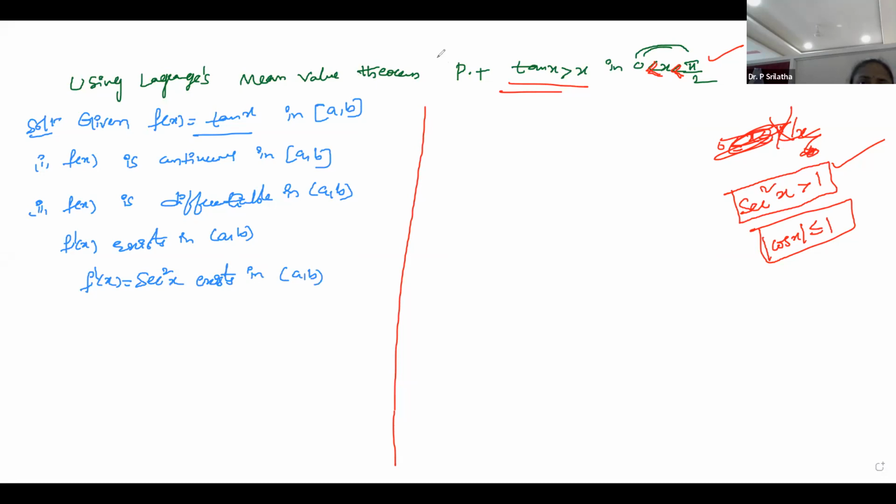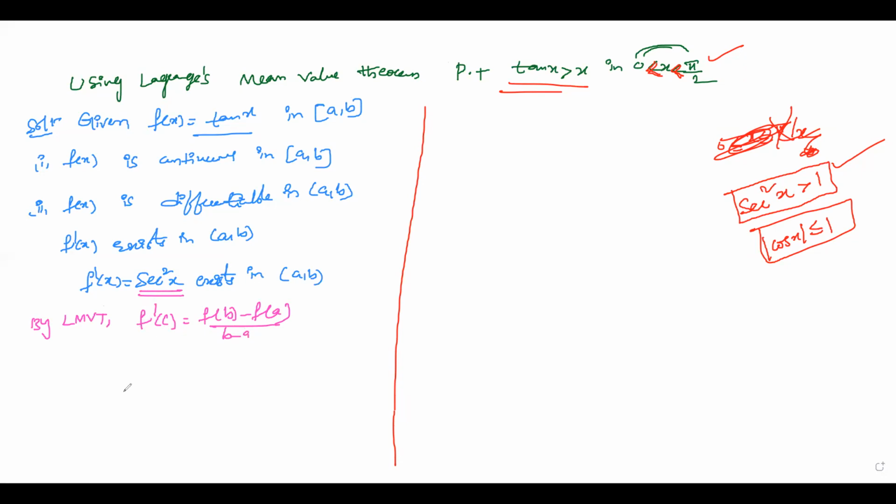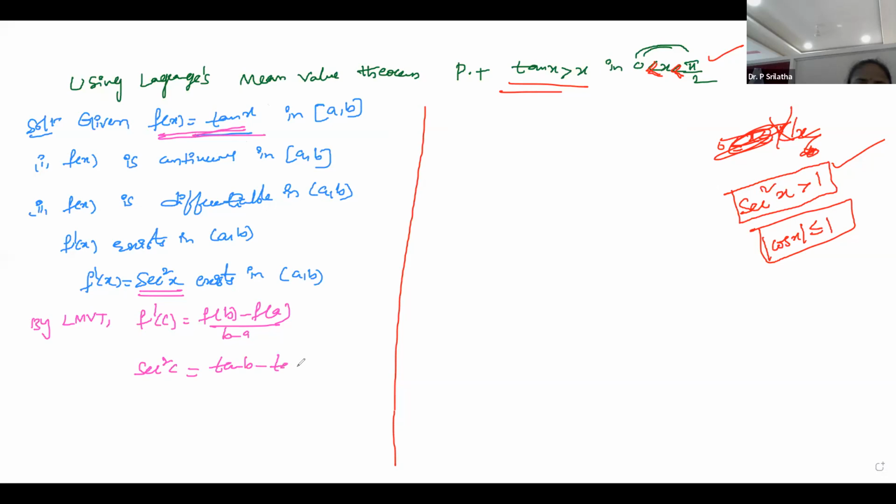So by Lagrange's mean value theorem, the formula is f dash of c equals f of b minus f of a divided by b minus a. What is f dash of c? Secant square c, which is equal to tan b minus tan a divided by b minus a.